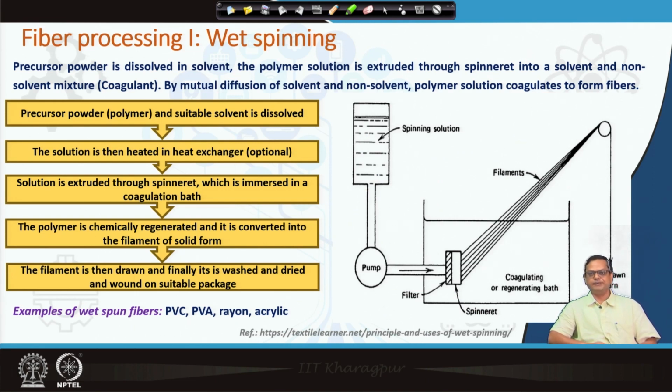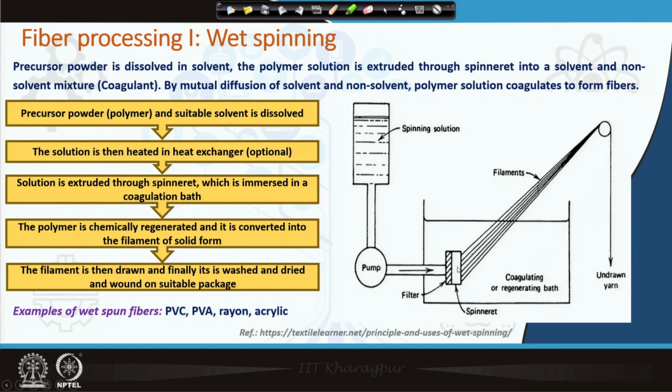In wet spinning, you take your precursor material in a solution, the precursor dissolved in the solvent, and then you have a pump. This pump drives the solution where the precursor material is dissolved to a spinneret.